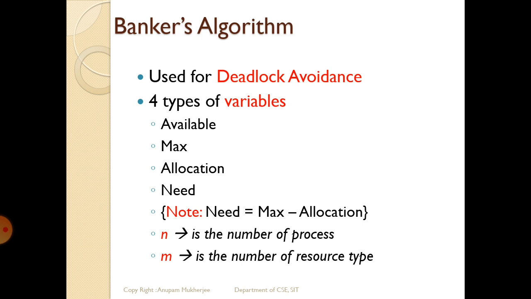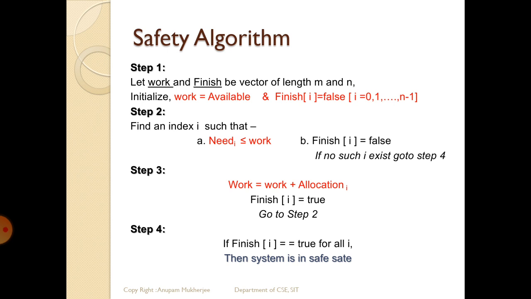Okay, now we focus on the algorithm. Banker's algorithm has two parts. The first one is the safety algorithm and the second one is the resource allocation algorithm. First we discuss the safety algorithm. In the safety algorithm, we use two vectors, work and finish.